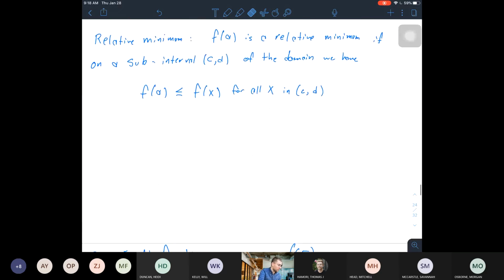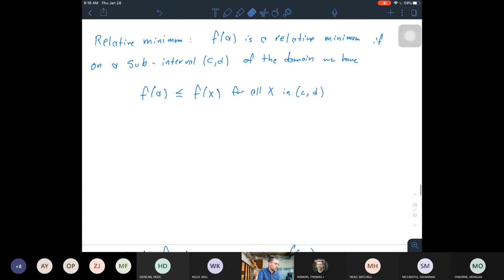So relative minimum is going to be defined in a similar way. If we have some function here, maybe it looks like this.